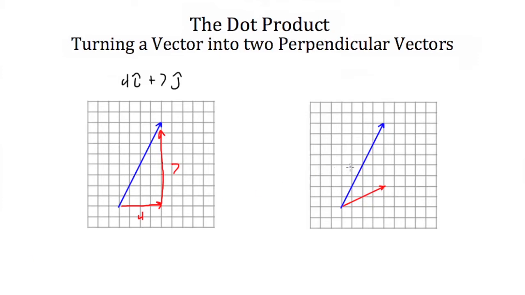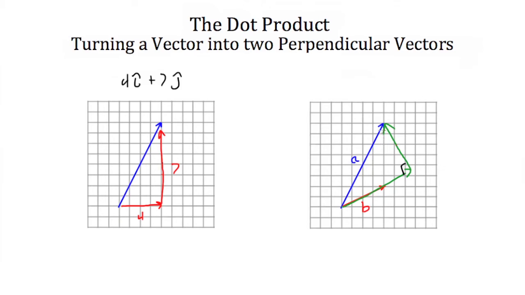If I had vector A here in blue and I wanted to turn it into vector B and a direction perpendicular to vector B, then I would turn vector A into a vector that looks something like this, and then another vector that looks something like this. These two vectors are perpendicular.